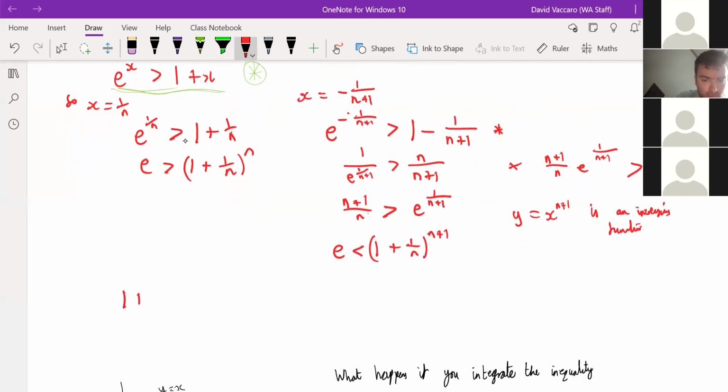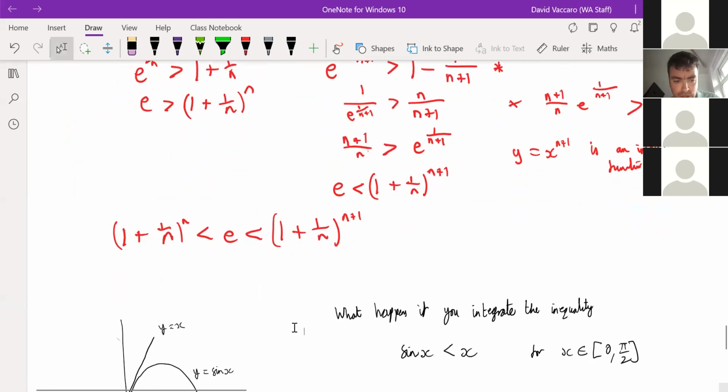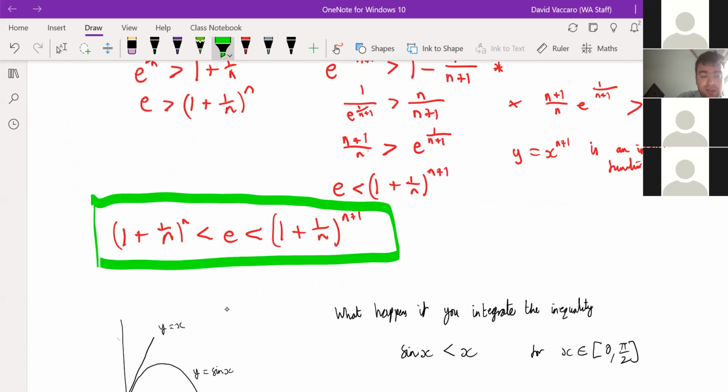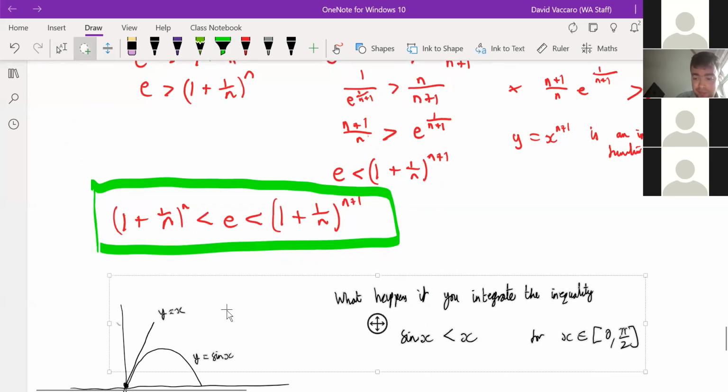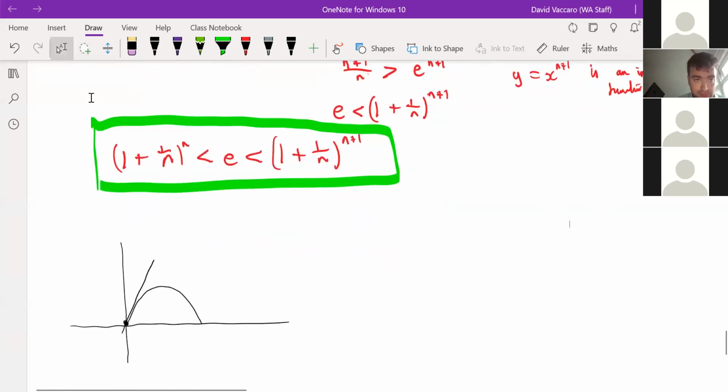So I get 1 plus 1 over n to the n is less than e is less than 1 plus 1 over n to the n plus 1. Okay, can anyone give me a suggestion of why this inequality is useful? What does this inequality give me a way of doing?